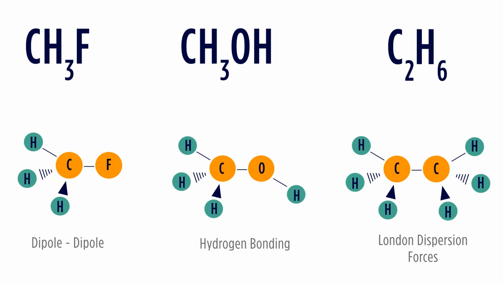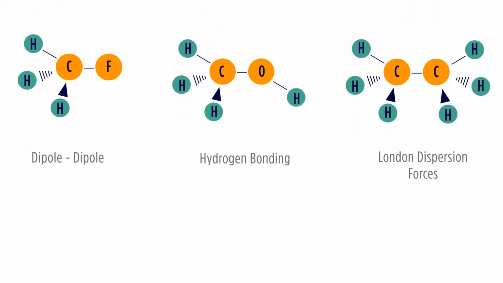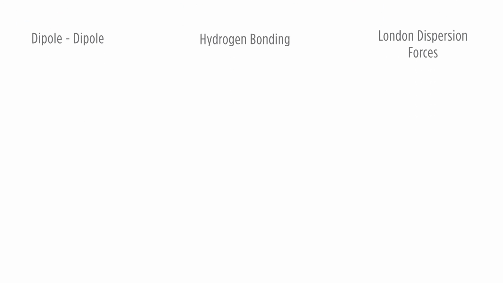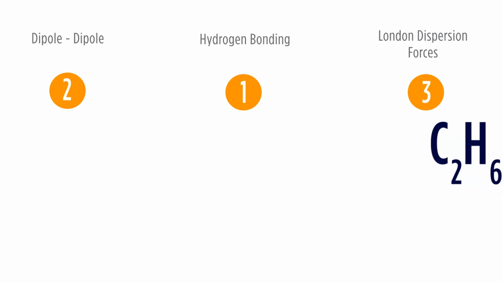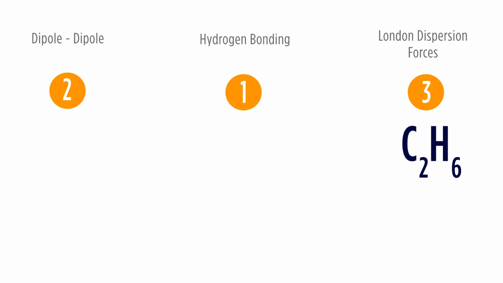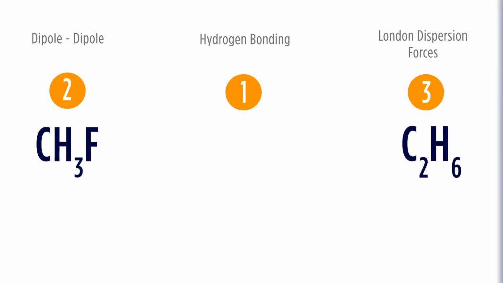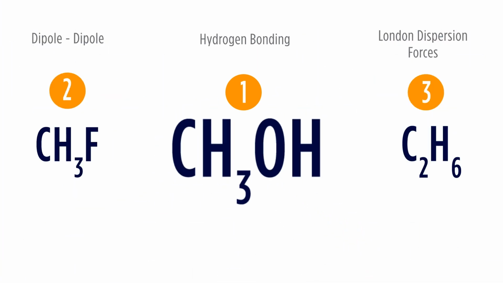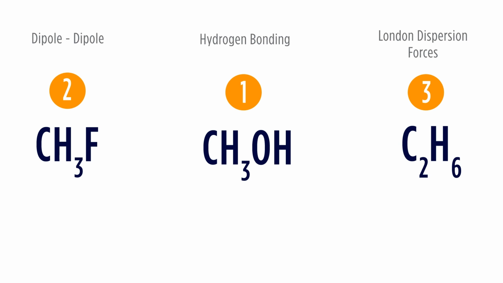Therefore, if we think about these three, which one has the strongest intermolecular interaction? Well, that's going to be the hydrogen bonding. Which one has the second? That's going to be the dipole-dipole interaction, and finally, the London dispersion forces. So if we rank these, we'll see that ethane is going to be the lowest boiling point, fluoromethane greater than that, and then methanol will have the most.